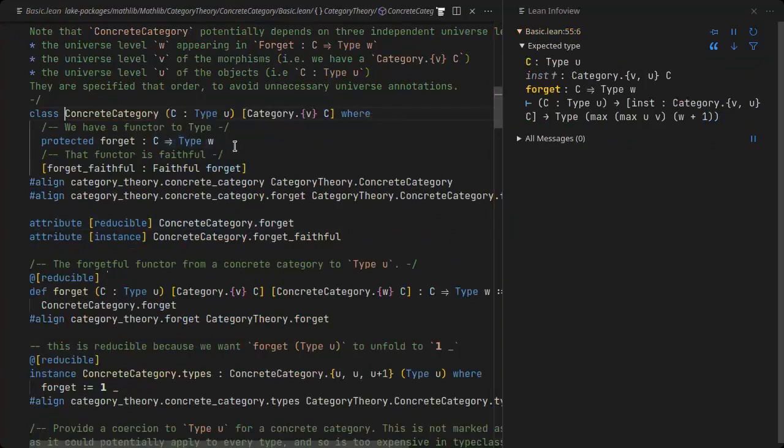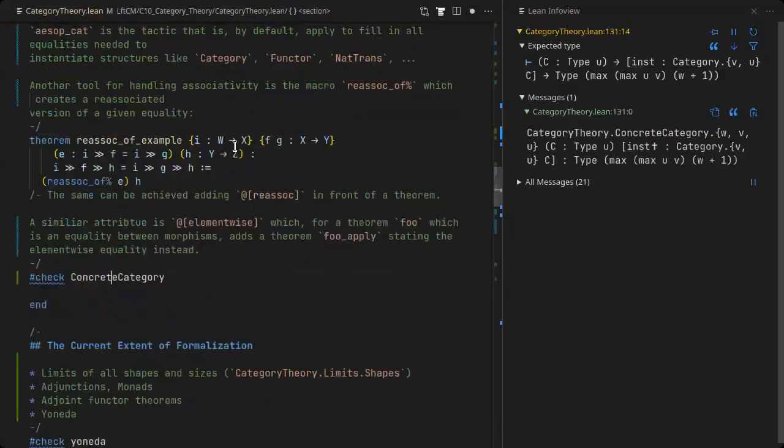So that's everything where the objects have some sort of carrier, like groups or rings or whatever. And the tactic elementwise and the attribute elementwise is basically like reassoc for any theorem that we give to Lean. It automatically derives a theorem which, instead of being on the level of objects, is on the level of elements.